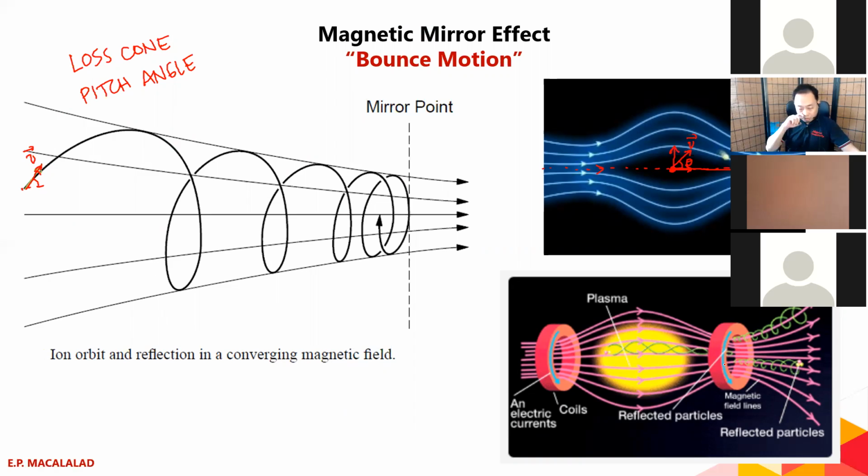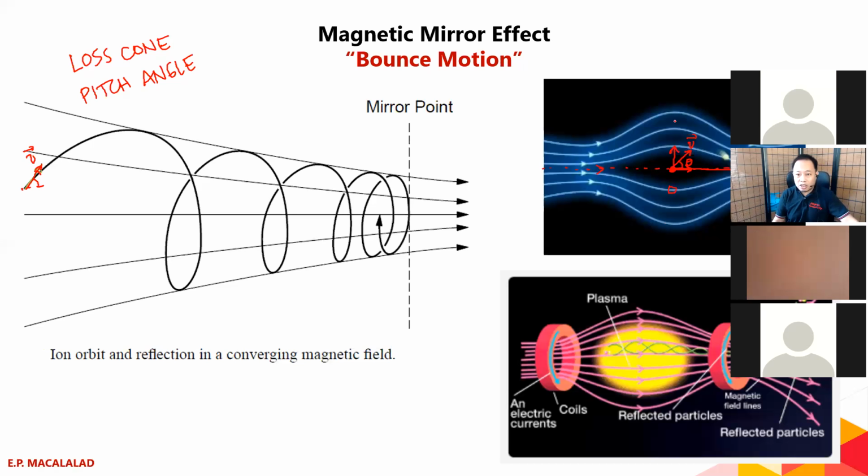Uniform and non-uniform magnetic field po, possible po ba magsabay? Hindi. It's either uniform or non-uniform. But maybe depende sa scale mo. If you're going to look at a very small region, of course, in that region, uniform magnetic field. Otherwise, di siya uniform. Thank you po.